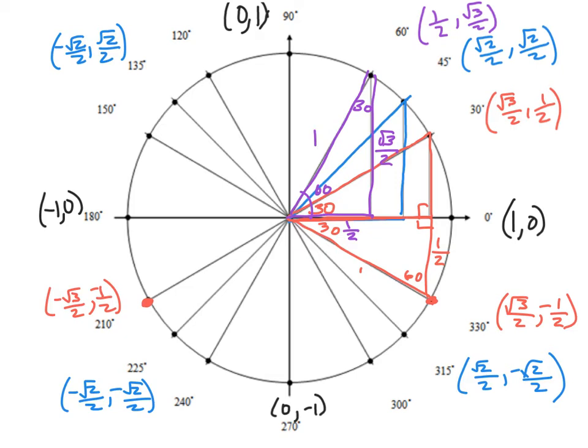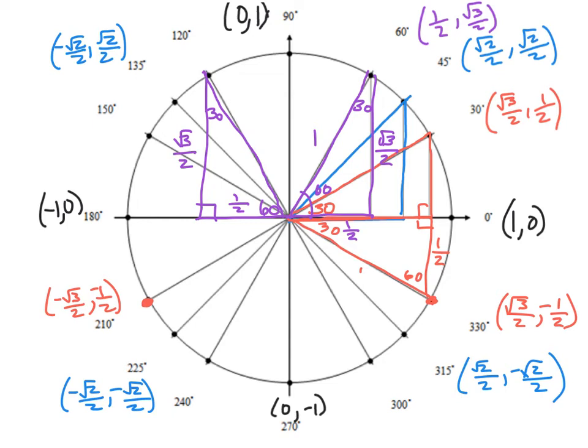So going to the second quadrant, here is the terminal side, so that terminal side is 60 degrees away from the x-axis. So there's that side. This is 30. Across from the 30 is 1/2. Across from the 60 is radical 3 over 2.